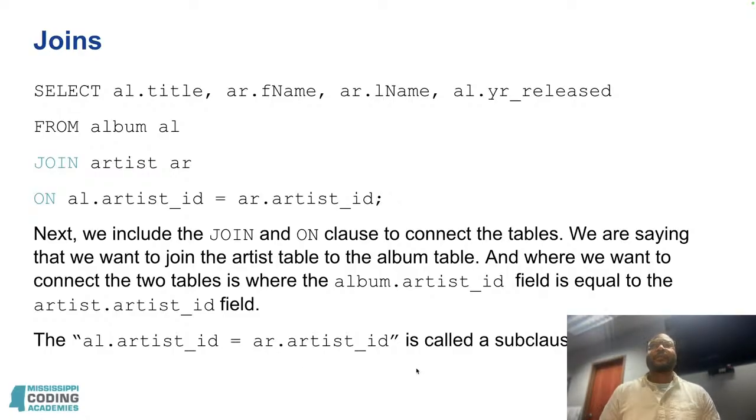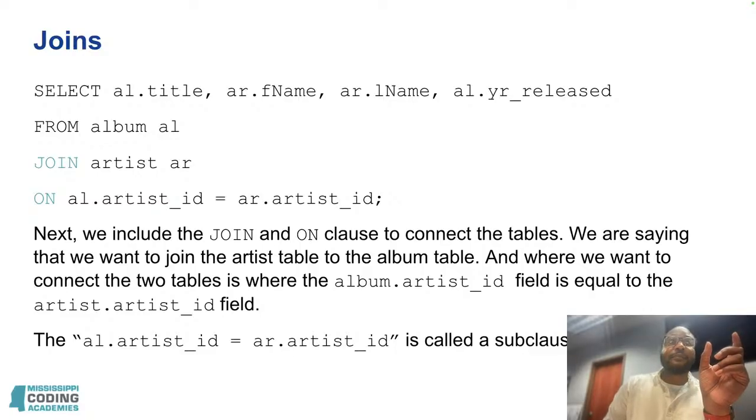So, in other words, in the album table, there is an artist ID of 3. And in the artist table, there is an artist ID of 3.